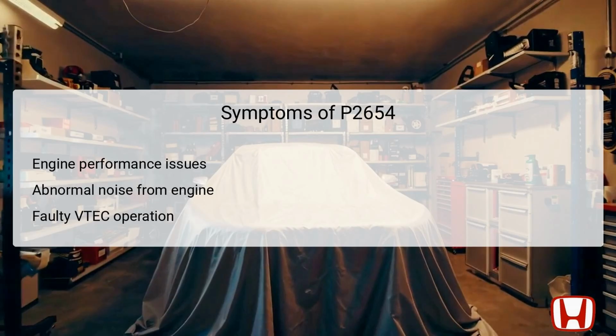This disruption can prevent the VTEC, variable valve timing and lift electronic control, from functioning as intended, further adversely affecting performance. The engine may also experience rough idling or other irregularities, emphasizing the need for prompt investigation and repair.